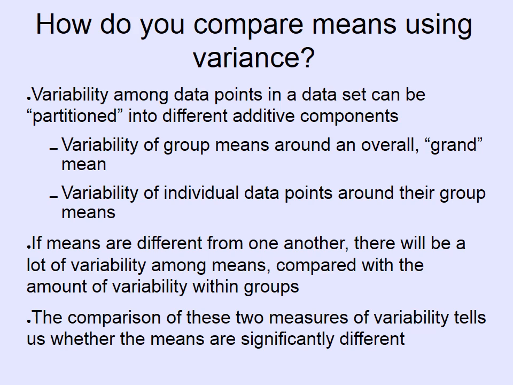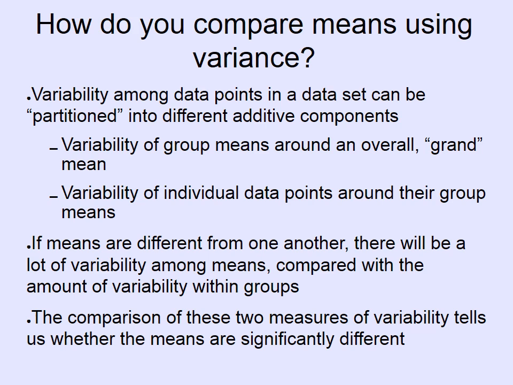So we want to look at variability of group means to that grand mean, and we also want to look at variability of all the data points around that. Then we also want to look at variability within the groups, and that's data points around their own group mean.